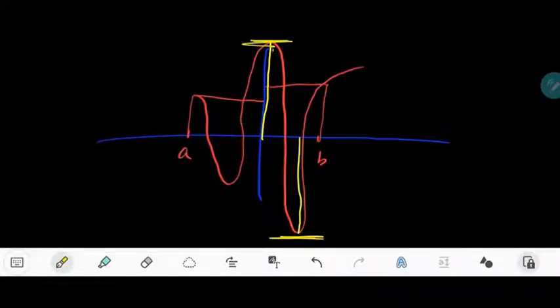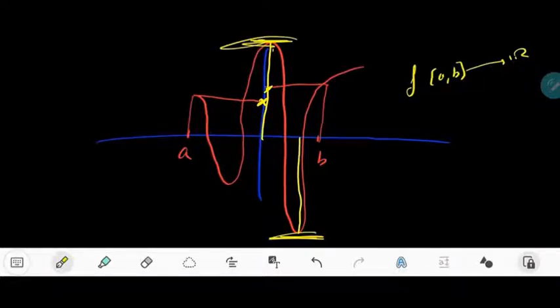Now be careful, I took this example to show you that if f is going from AB into R it doesn't mean for sure that the maximum and the minimum of f on AB are reached at A or at B. So you see here f of A and f of B are in here. They are very close to each other. So they are very far from the maximum and the minimum.